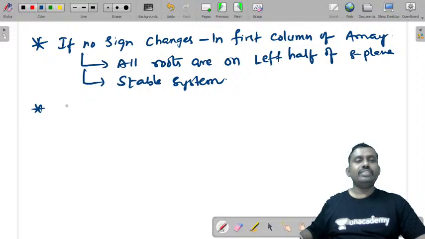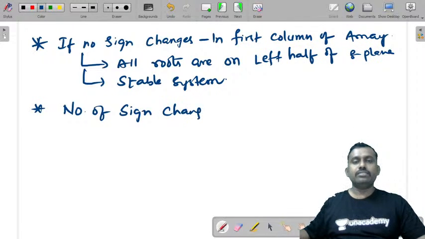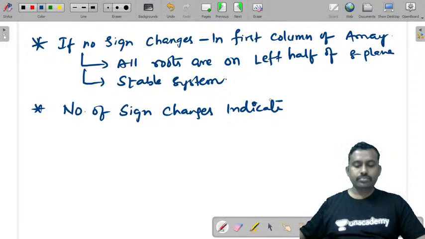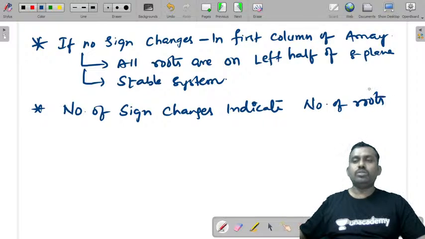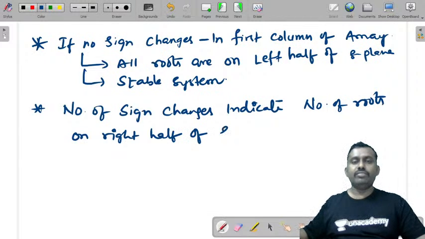Now, what if there are sign changes? It will be one or two or three sign changes. I'll tell you what that means. The number of sign changes indicates the number of roots on the right half of the S plane.